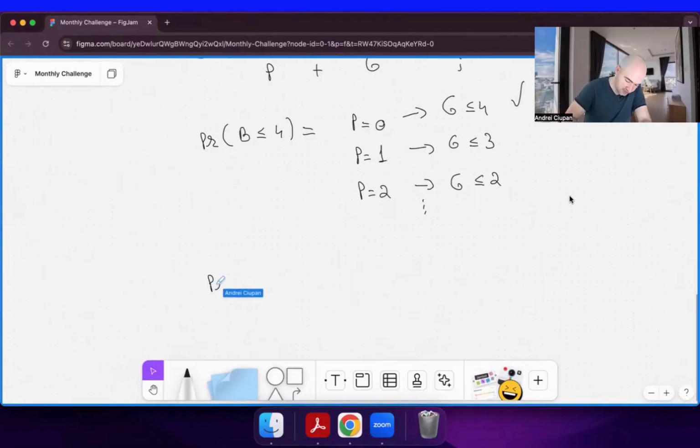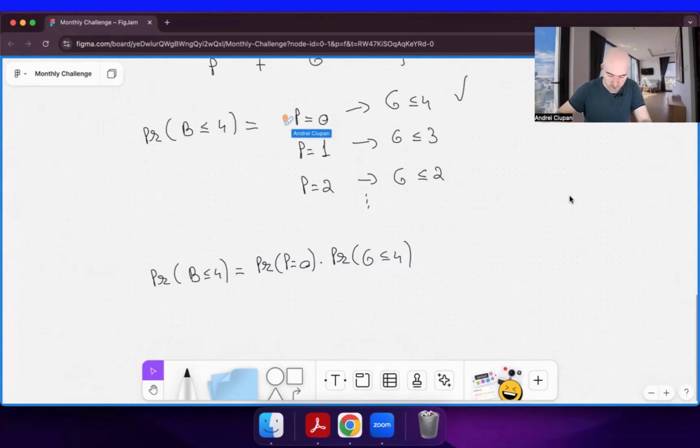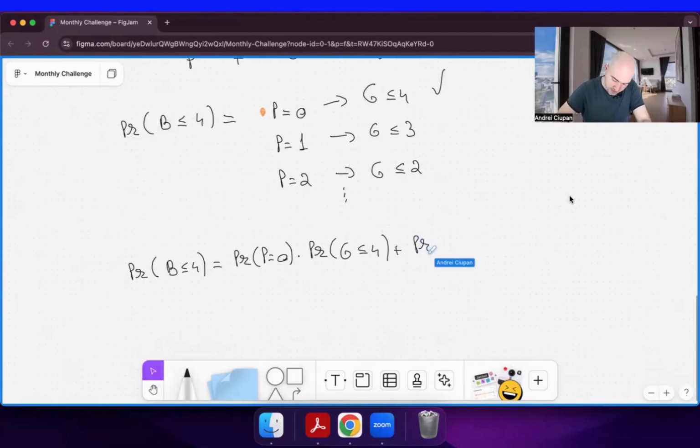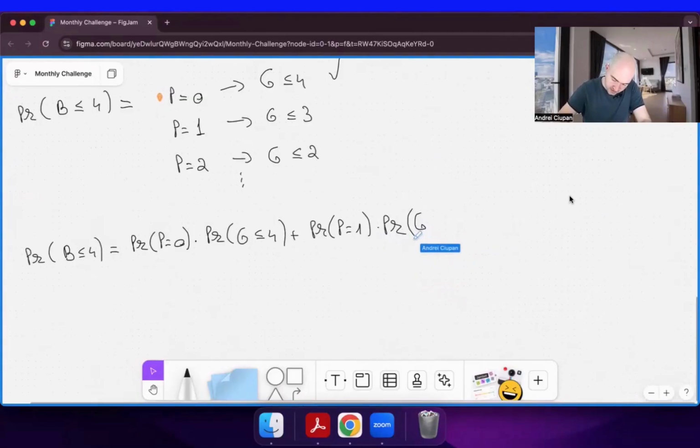So we can write it like this. The probability that B is less than or equal to 4 is equal to the probability that P equals 0 multiplied by the probability that G is less than or equal to 4. This is basically the first case here. Then, if P is equal to 1, then G needs to be less than or equal to 3.